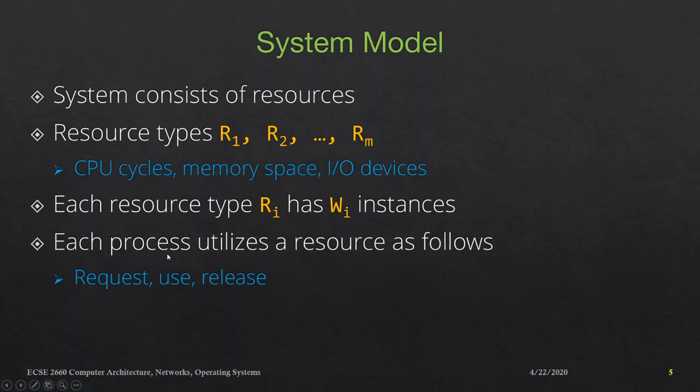Once the instance is granted, the process can use it, and after it is done using it, it will release that instance of that particular resource so that other processes can use it. So request, use, and release is what the process does with a particular resource, and the operating system will have to manage each of those steps.